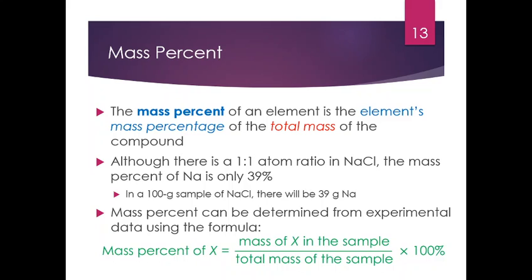If you just assume that all atoms were created equal, you would assume that the mass of this is going to be 50% sodium and 50% chlorine. But the issue is that sodium and chlorine have completely different masses. So their 1-to-1 atomic ratio does not mean anything about the mass.